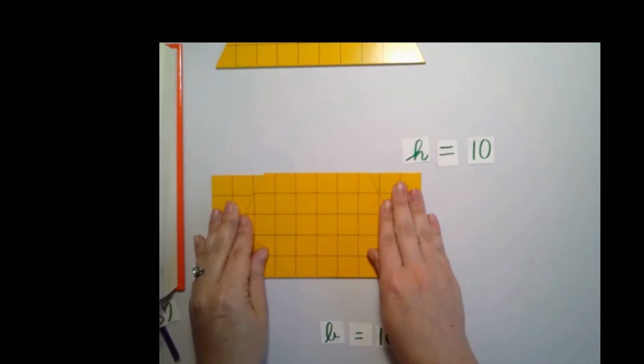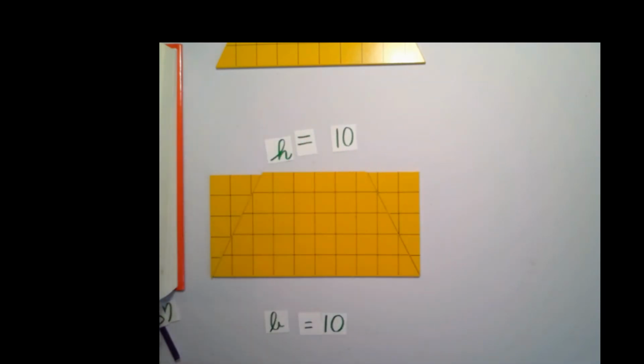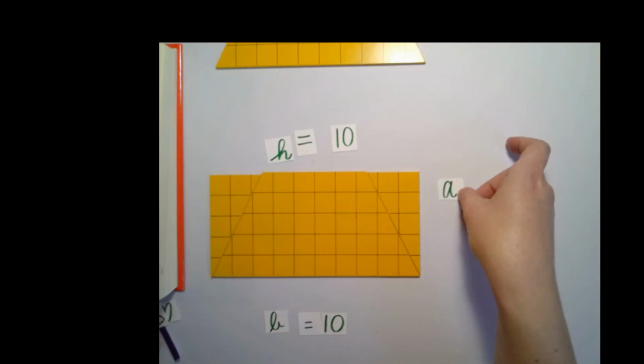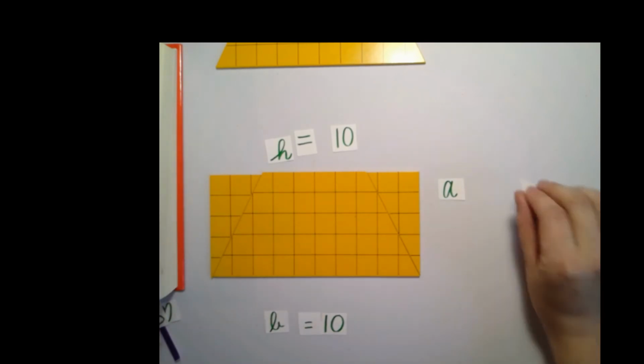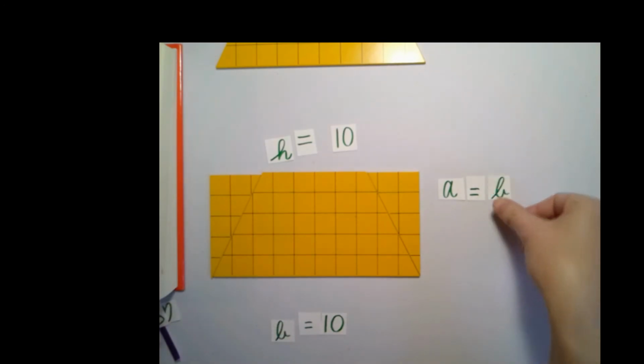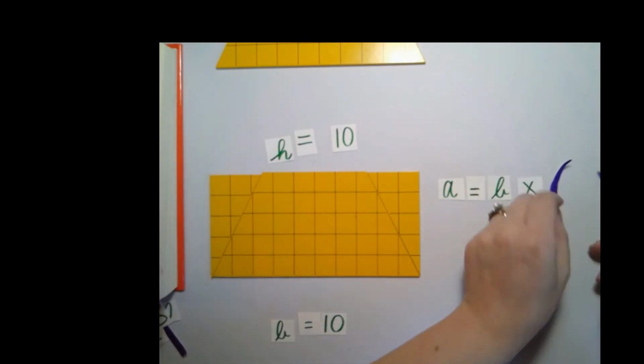So the way that looks is area equals the base, actually, is the base times, now I'm going to place these two shapes.